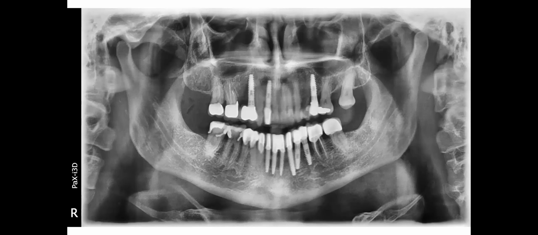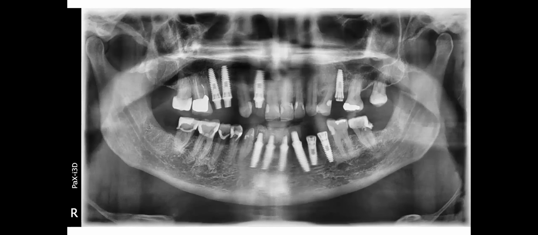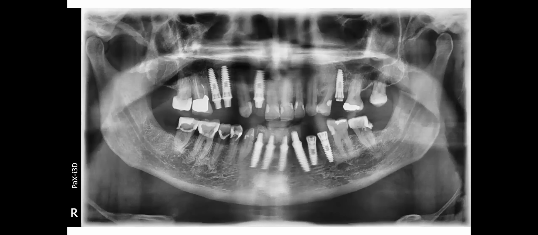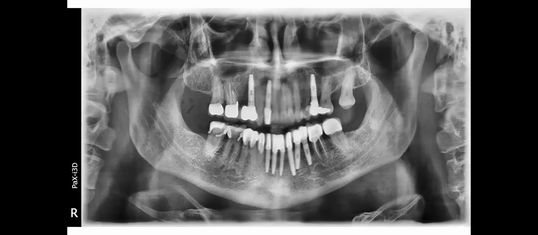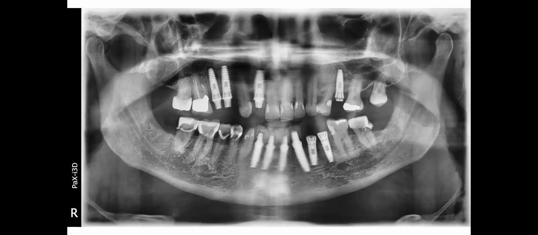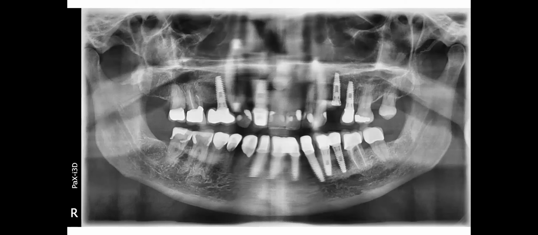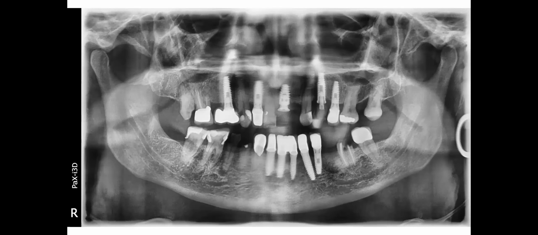And this is another case. Or let me just make sure here. No, this is the same case. The same case. Okay. And as it progresses, again, tissue level implants here.